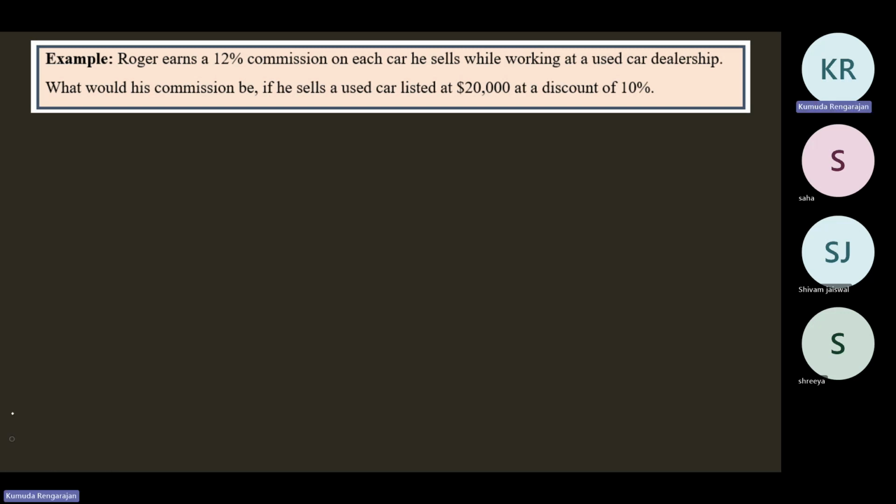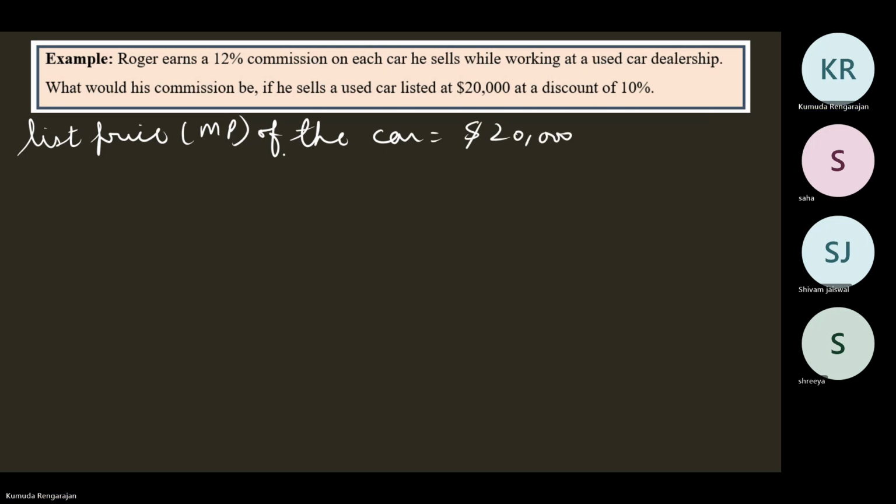So the list price of the car is given, car listed at $20,000. So list price means mark price, $20,000. Discount percent is equal to 10%. So then what's the selling price?